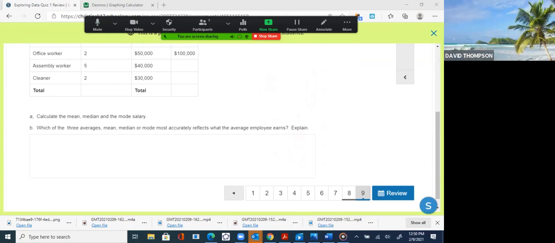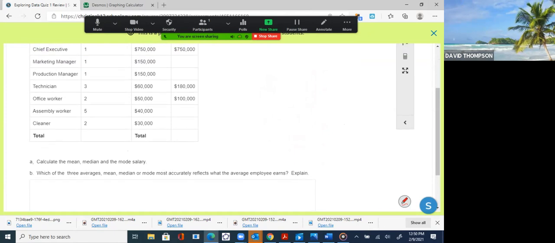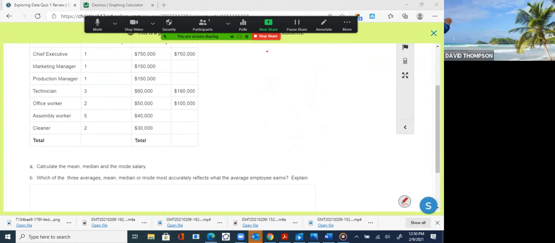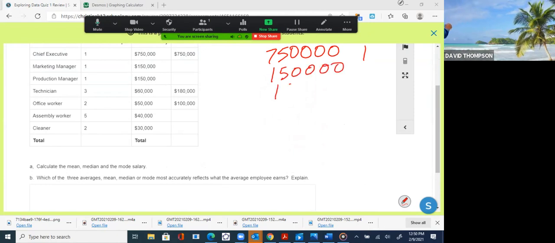So let's first write down our list. So when we go down to Desmos, we can just quickly put it in the table. So 150,000, just one, another 150,000, 60,000.